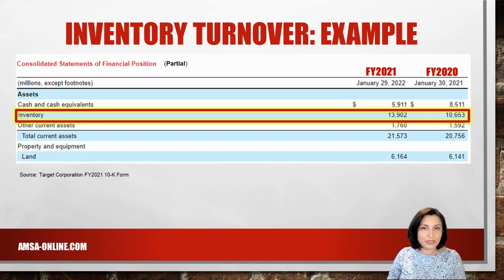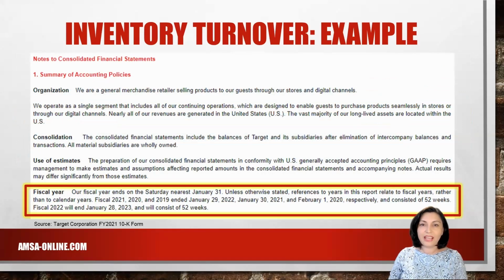If you are curious why the fiscal year 2021 ends on January 29, 2022, look at the notes to financial statements called fiscal year. As stated in the notes to financial statements, Target's fiscal year ends on the Saturday nearest January 31st.